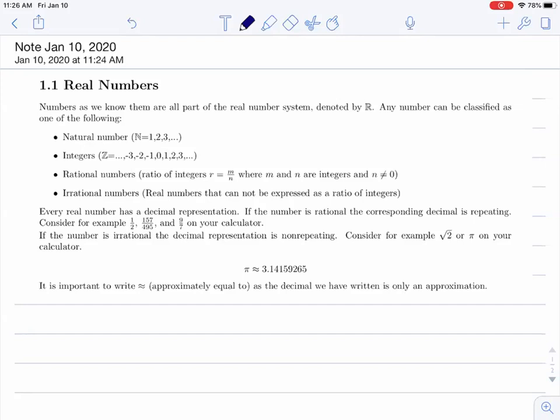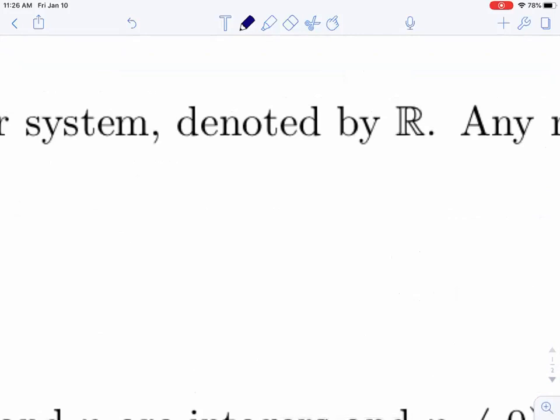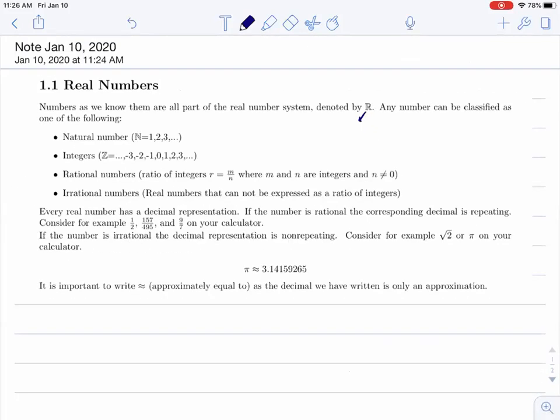And so for notation, the set of real numbers is this fancy R. If I'm writing it by hand, I write an R with a double back, because you can't do those fancy R's.